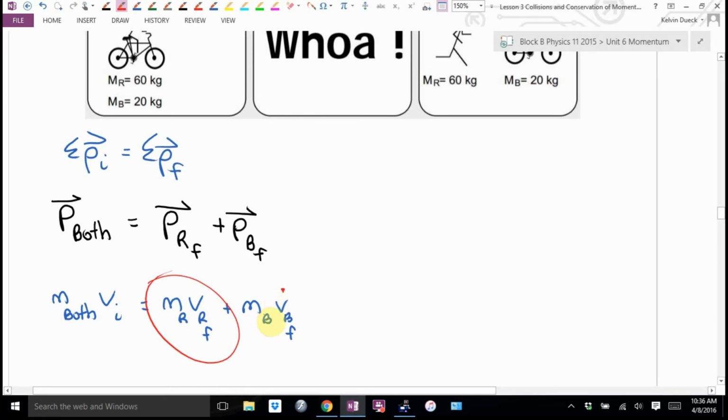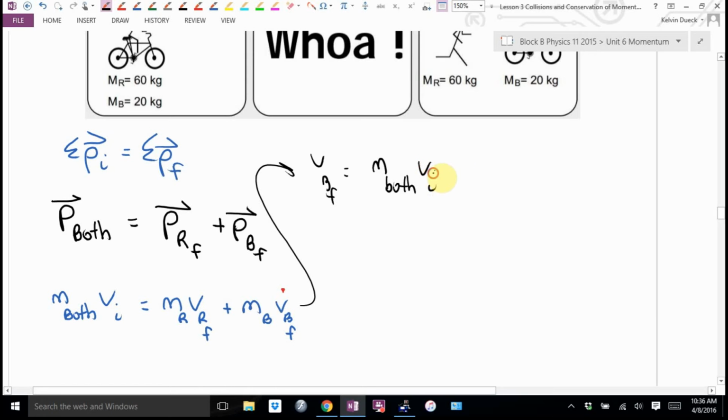Divide the mass of the bike. Feel like we can do that in one step? Okay. So I think what you're telling me is that the velocity of the bike is going to be the one that stays where it is, m both v_i. You said we're going to subtract the mass of the rider, velocity of the rider, and you said we're going to divide by the mass of the bike.